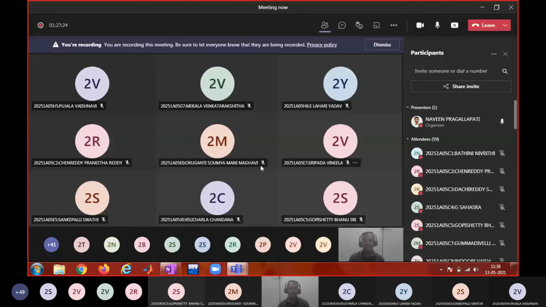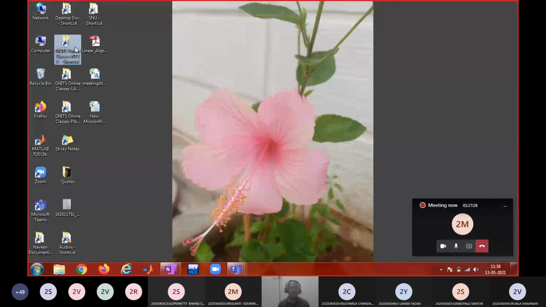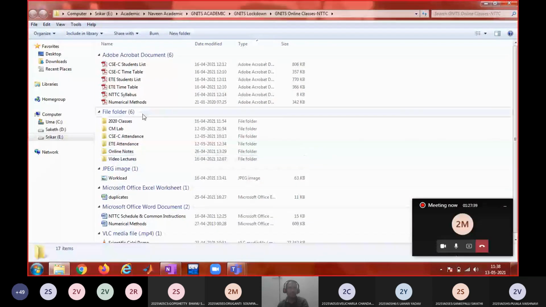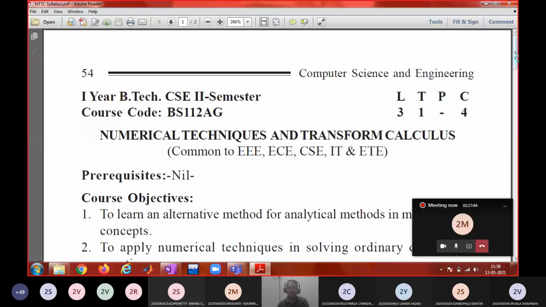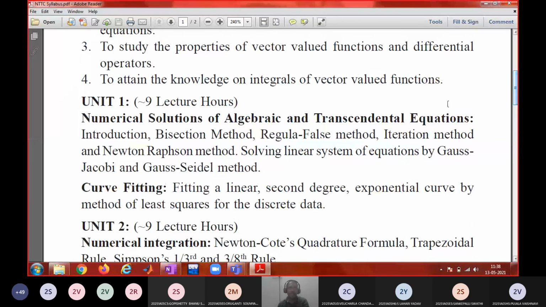And this is the syllabus I would like to show. We have completed the root finding methods: bisection method, regula-falsi method, iteration method, Newton-Raphson method.